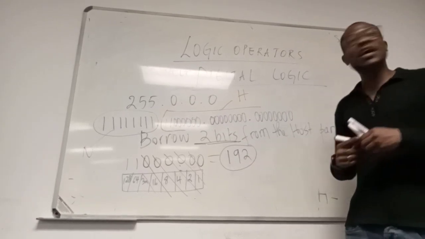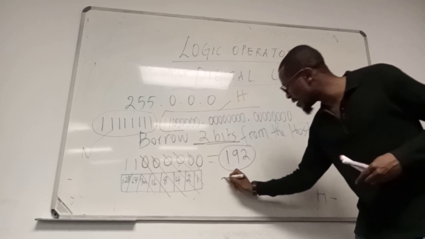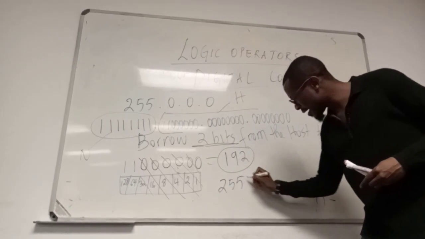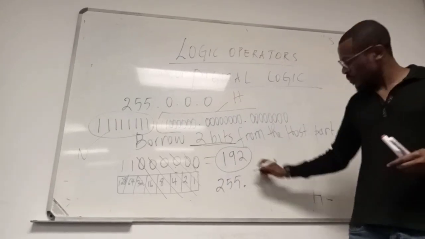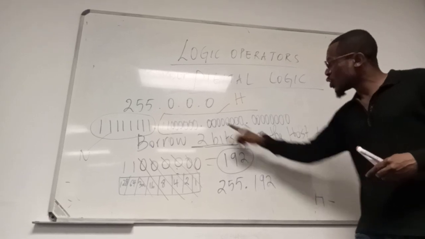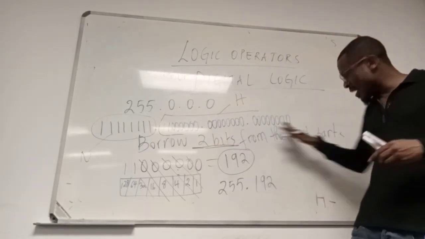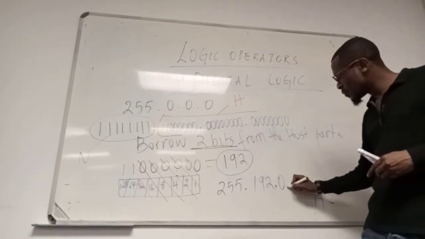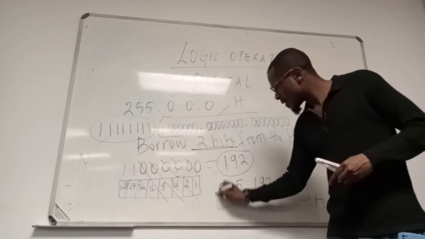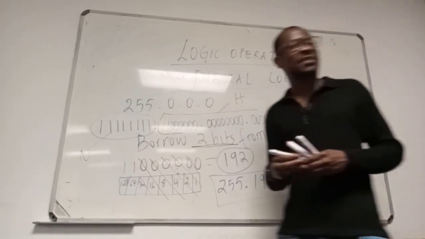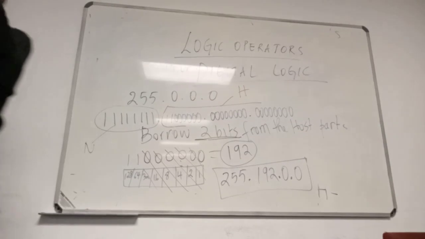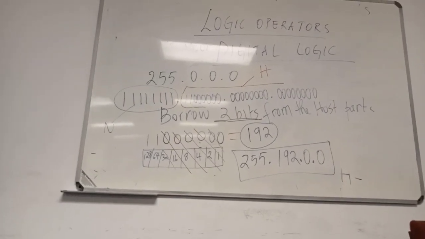Easy. So your new subnet mask is 255.192, but those two we don't touch because they are zeros, dot 0, dot 0. Finished. This is your new subnet mask.